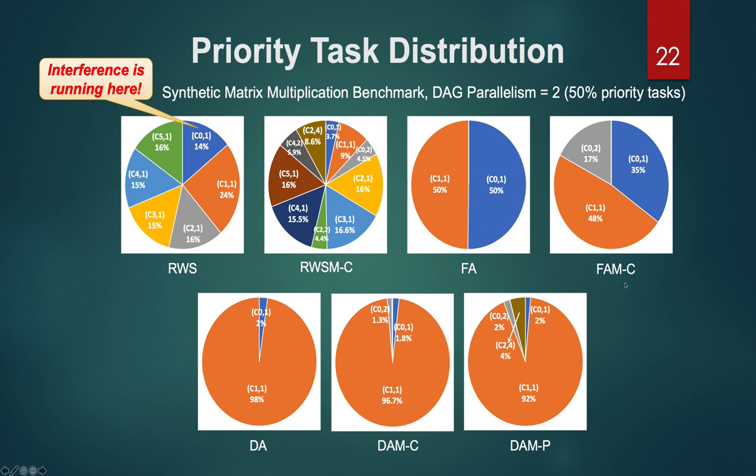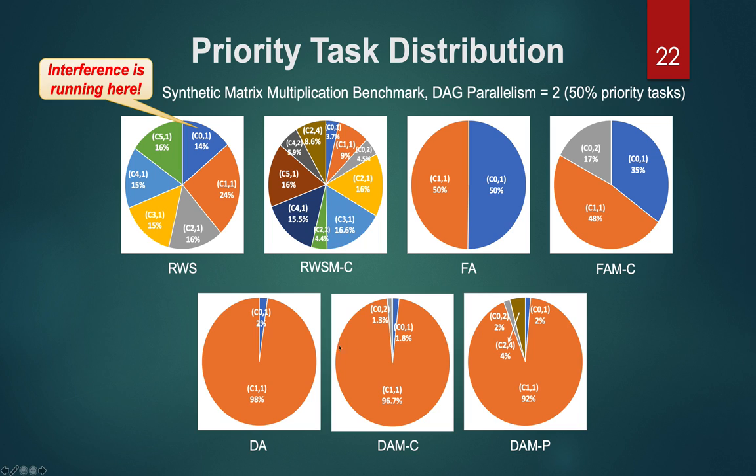In fixed asymmetry plus modability, C11 executes 13% more tasks than the interference core. That's because interference core C01 executes so slowly, so C11 will execute more tasks.